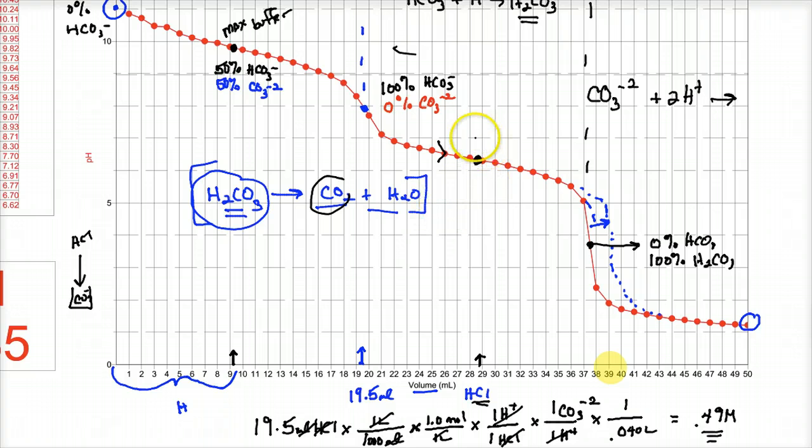That's where you have halfway titrated this base, so you have 50% of the HCO3 negative and 50% of the conjugate acid that was made, H2CO3. And that's how those percentages play out.